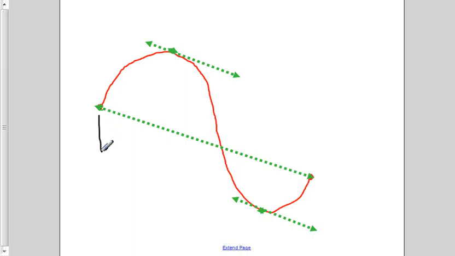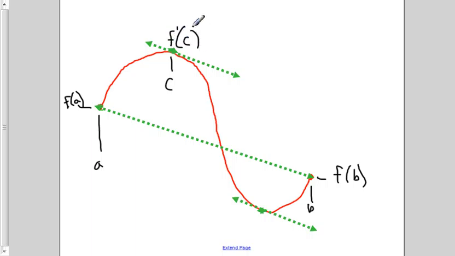And again, what were we talking about? We are saying my beginning point, so this is A, has a value of f of A. And the only difference between the mean value theorem and Rolle's theorem is Rolle's theorem says that f of A and f of B have to be the same. These do not. And there's my B, that we're now saying, hey, there's some value C such that the slope of this tangent line is going to be equal to the slope of this secant line.